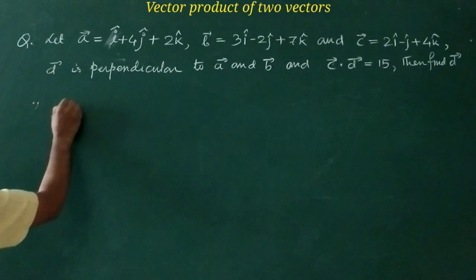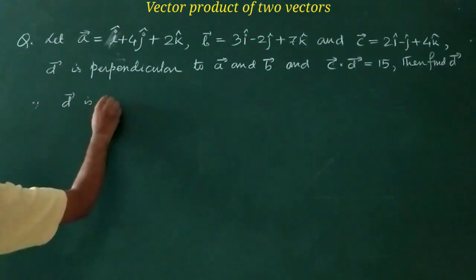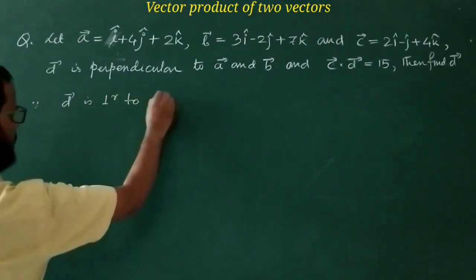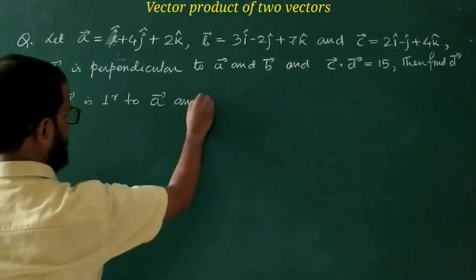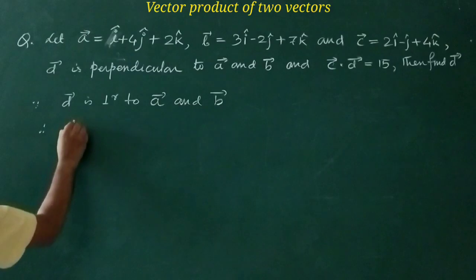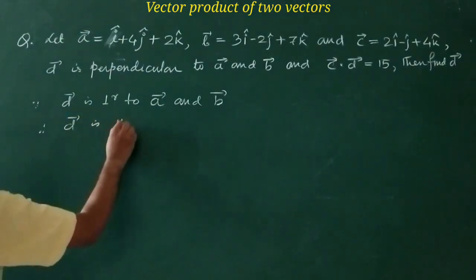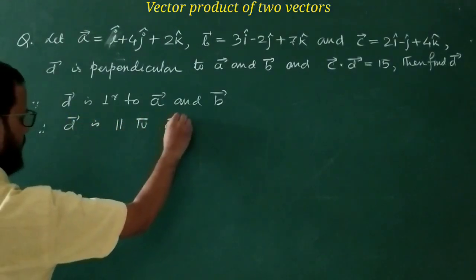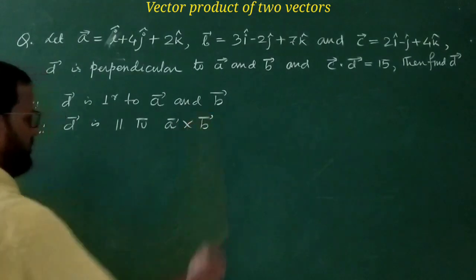Since D vector is perpendicular to A vector and B vector, therefore D vector is parallel to A vector cross B vector.